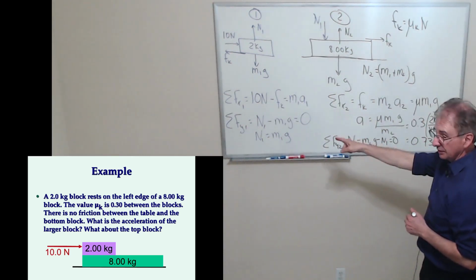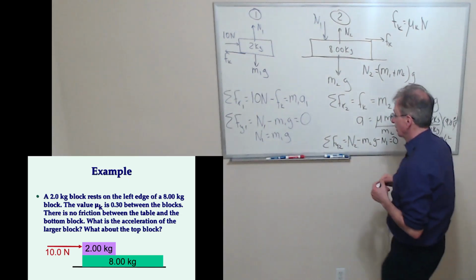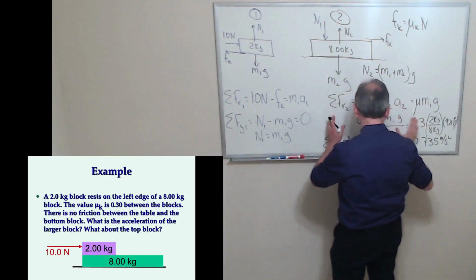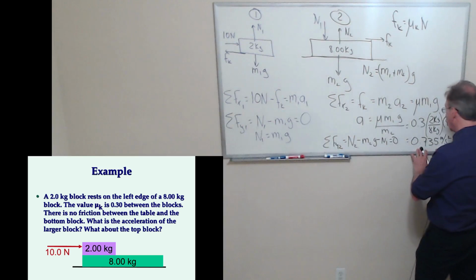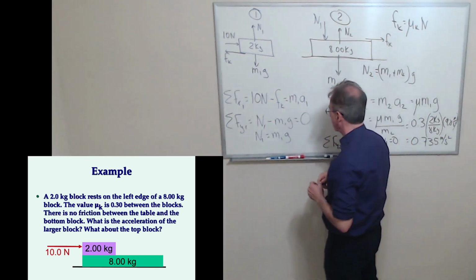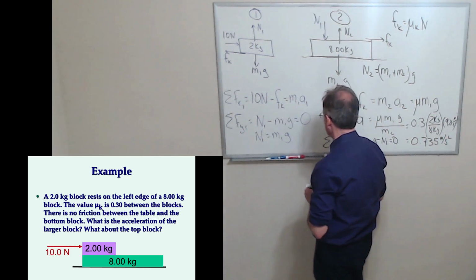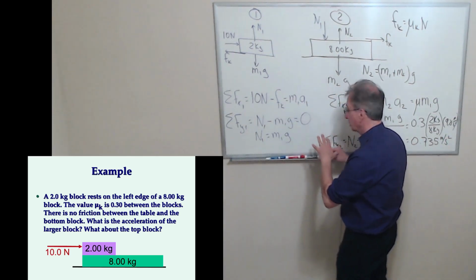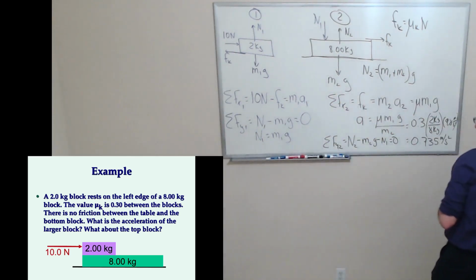Now, let's go back to this one. Now that we've figured out the acceleration and accounted for my mistake, let's go back over here. I need to erase my board because of all the space I have.